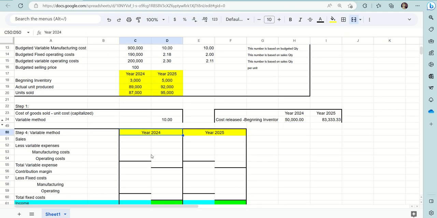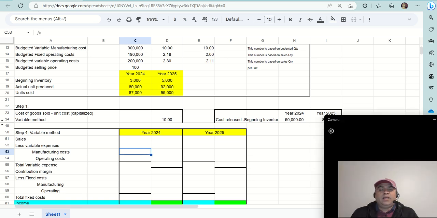So this is our variable method. The variable financial statement is for the manager to use for their day-to-day decision making purposes.